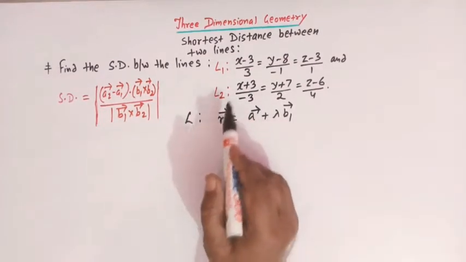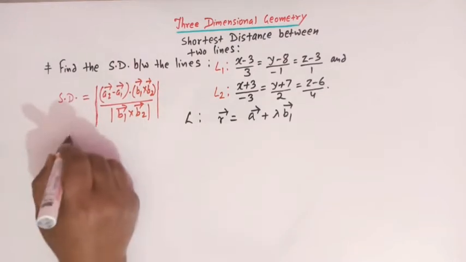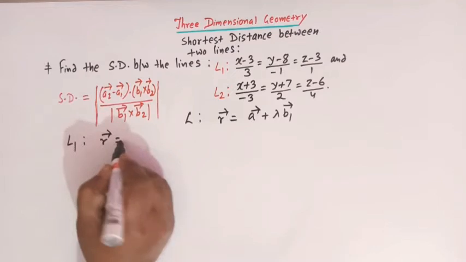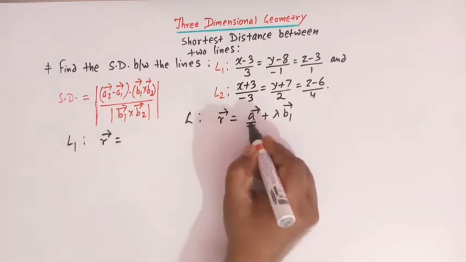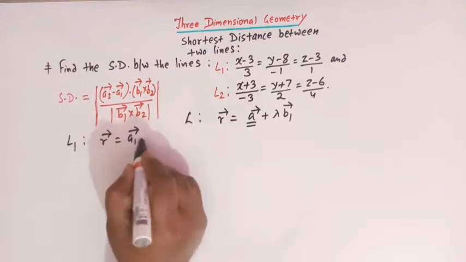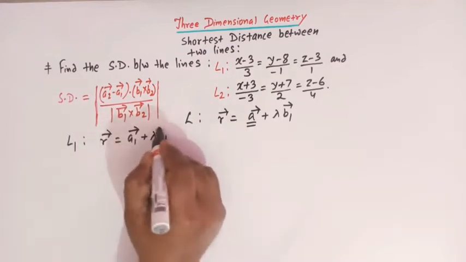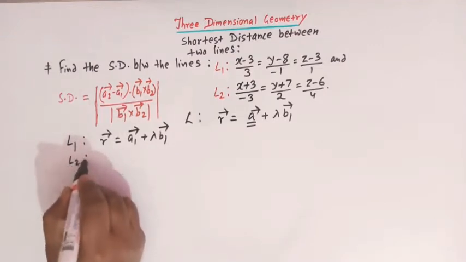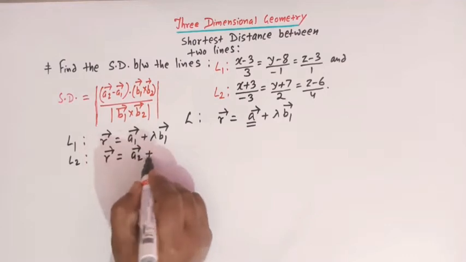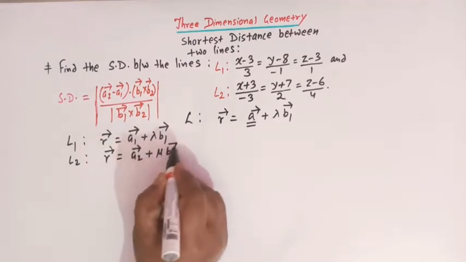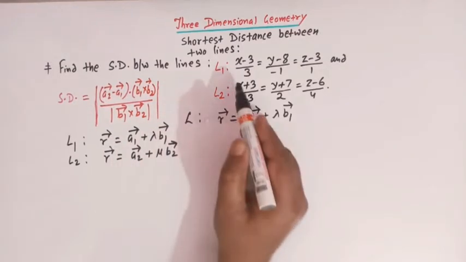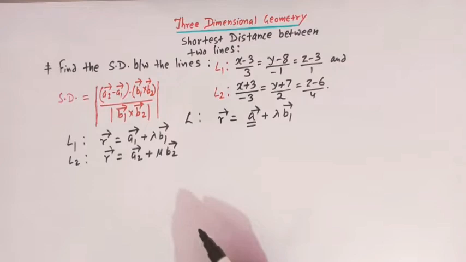The vector equation of the line L1 can be written as vector r equals a1 vector plus lambda b1 vector, and L2 can be written as vector r equals vector a2 plus mu b2. So these are the vector equations of the two lines L1 and L2.